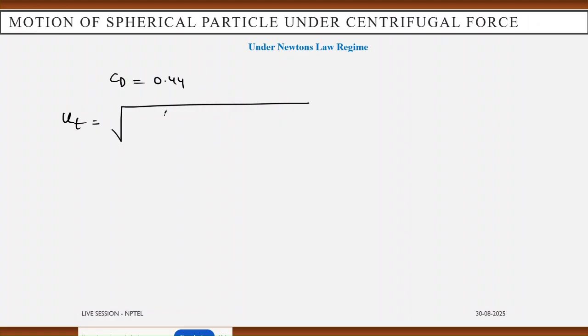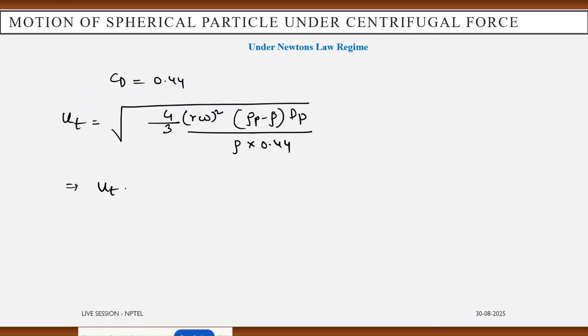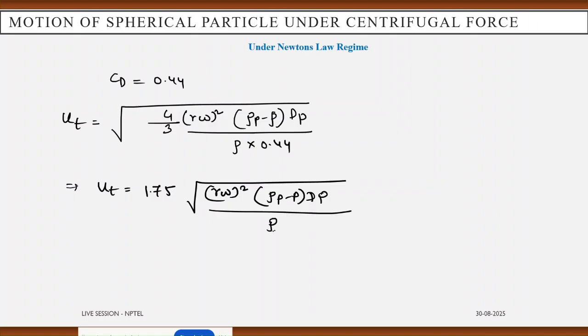The equation was ut equals root over of 4 by 3 r omega square (rho p minus rho) dp divided by rho cd, and with cd 0.44 you will get ut equals 1.75 root over of r omega square (rho p minus rho) dp by rho.